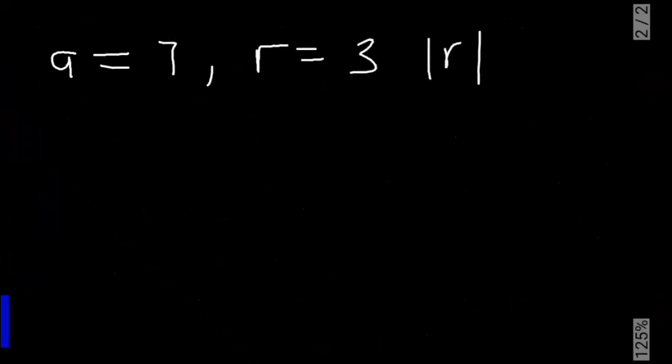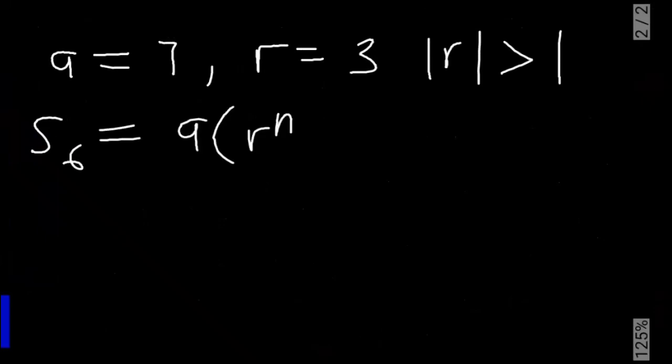Here we have a as 7 and we have r as 3. The magnitude of r here is greater than 1. So we are making use of the formula: sum of the first 6 terms equals a times r raised to the power of n minus 1, over r minus 1.